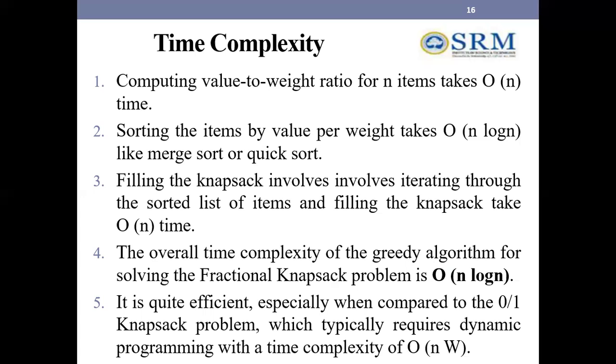When we add the time complexity of modules, we take the maximum term, and n log n is the maximum term. So that is the time complexity of the whole problem. The overall time complexity of the greedy algorithm for solving the fractional knapsack problem is order of n log n.